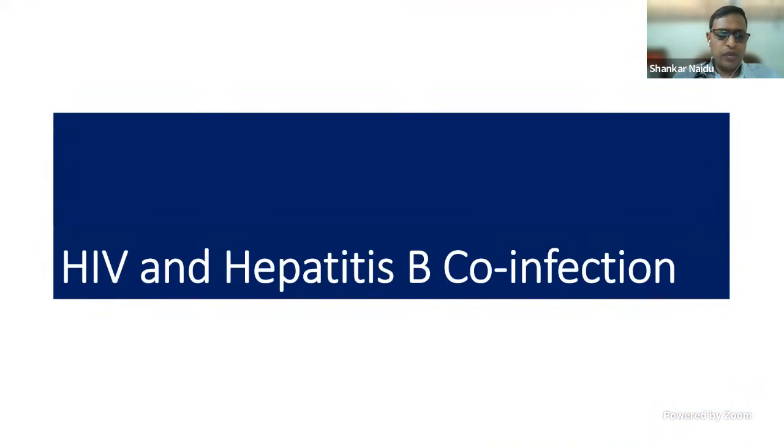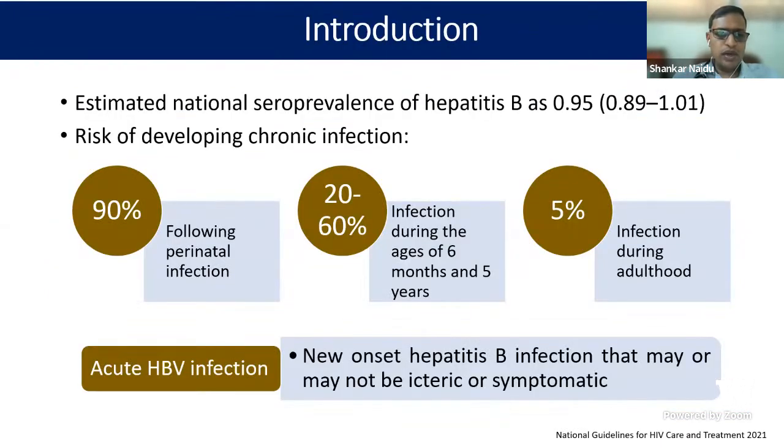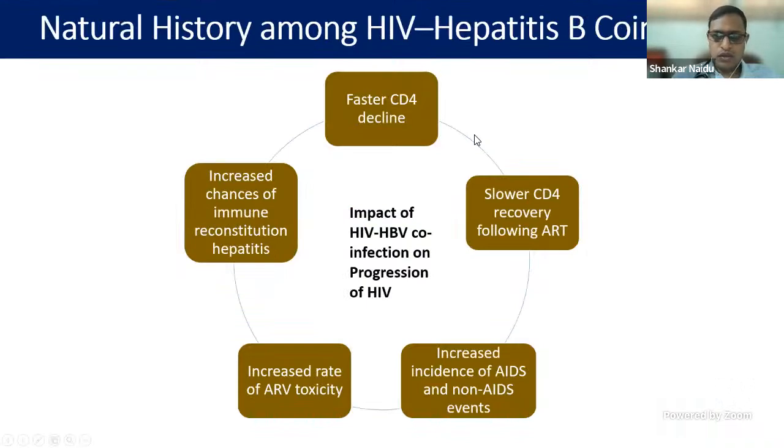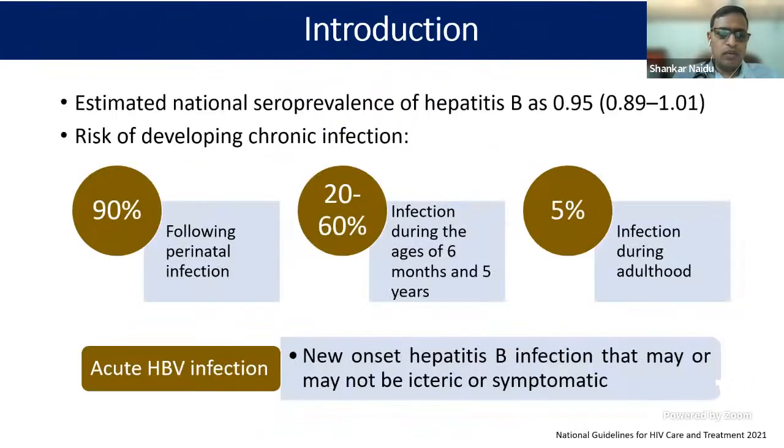So first, looking at the hepatitis B and HIV co-infection, the estimated national seroprevalence of hepatitis B is somewhere around 0.95% in the general population. Whereas, as I've already highlighted, the prevalence among PL-HIV is somewhere around 5 to 6%. Not all patients who develop hepatitis B infection will develop chronic infection.